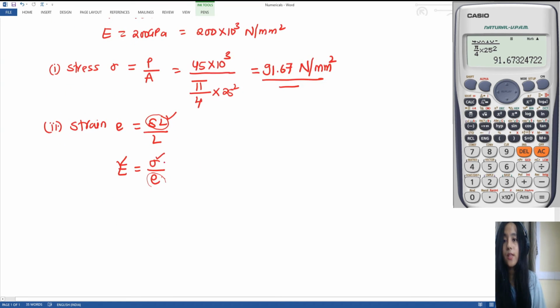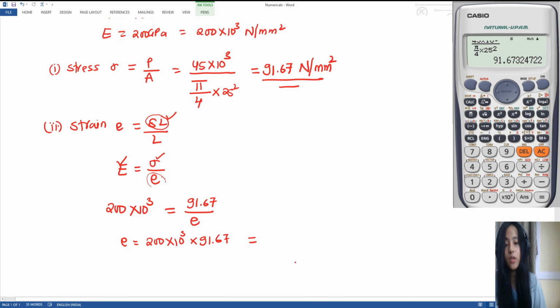The modulus of elasticity given is 200 GPa, so we have 200 into 10 raised to power 3 equals sigma divided by E. Now from here E will be equal to 200 into 10 raised to power 3 into 91.67.